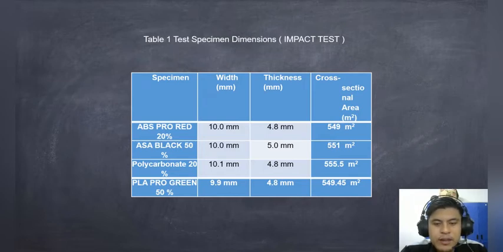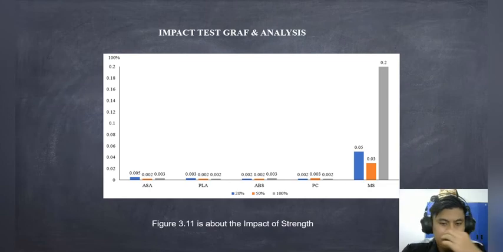Polycarbonate 10.1 mm, 4.8 mm, 555.5 mm², and PLA Pro Green 50%, 9.9 mm, 4.8 mm, and 549.45 mm². Okay, this is the impact test graph and analysis.